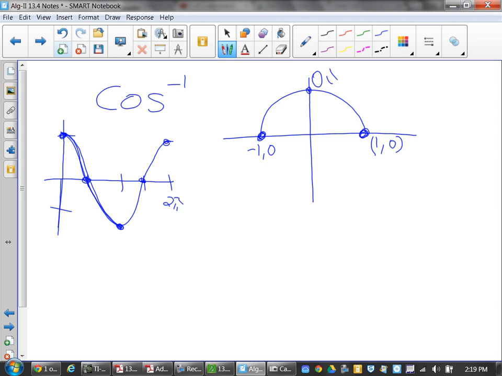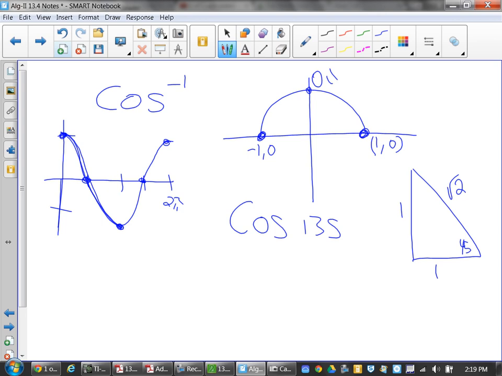If I want to find the cosine of 135, throw it in degrees. Cosine 135 has a reference angle of what? 45, good. So if I'm looking at cosine of 135, reference angle 45 degrees, what's the cosine of 45?